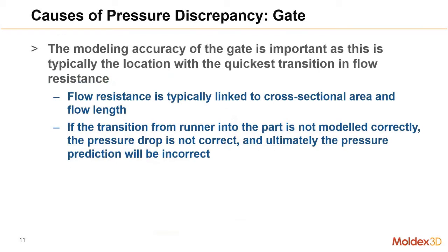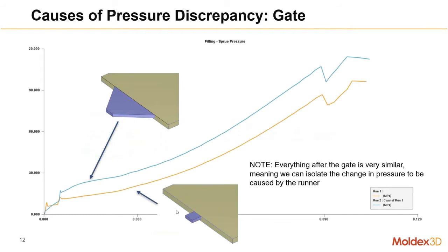And that's completely intended because the gate is where we're ultimately going to make the divide between our feed system and the part that we're ejecting from the mold. So because of that quick transition, the modeling of the gate and the diameter of the gate, the taper of the gate, the geometry of the gate is extremely important. So we want to make sure that our gate is modeled as accurately as possible.